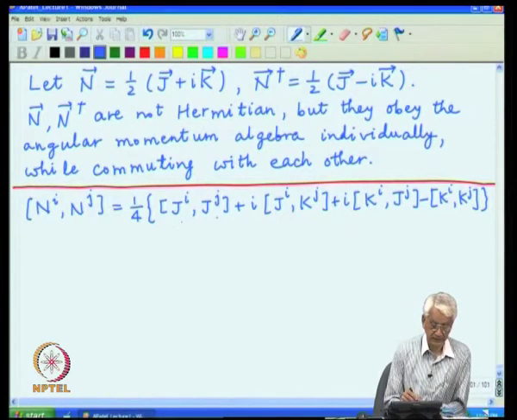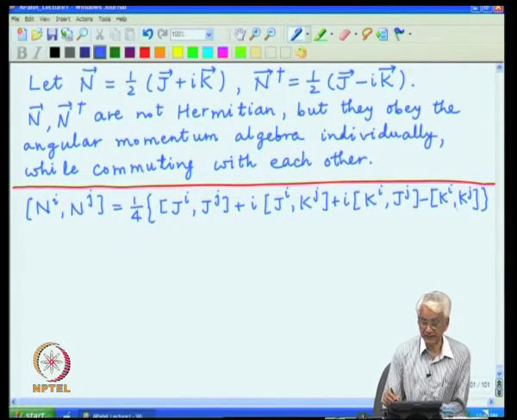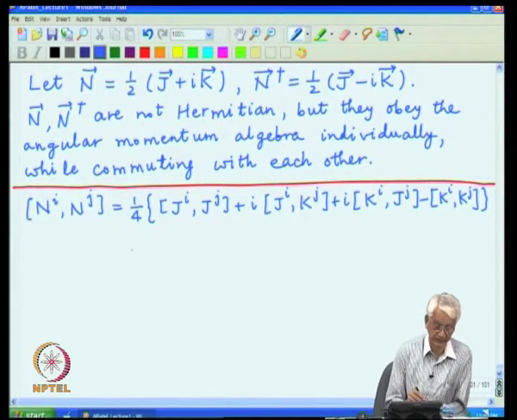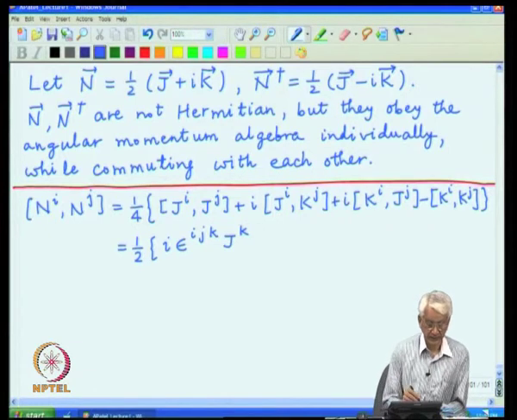In particular, J_i times J_j is nothing but i times epsilon_ijk J_k, and K_i K_j gives the same term with a minus sign, but there is a minus sign in front of it. So, the two terms are actually identical, and the result can be then written as i epsilon_ijk J_k, and the factor now reduces from quarter to half because there are two terms.